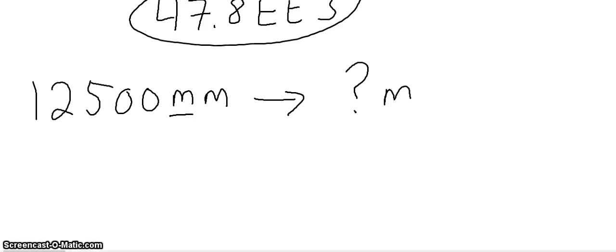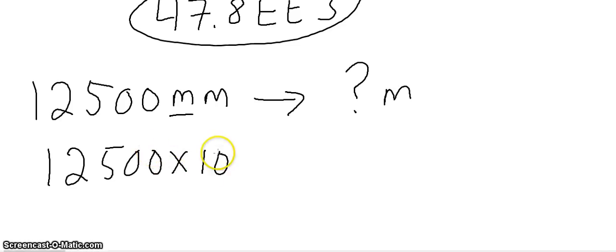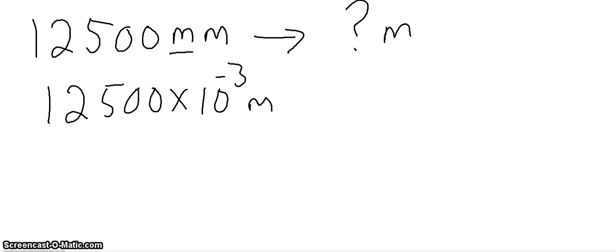So this becomes 12,500 times 10 to the minus third, and of course we still keep the meters. The meters has not changed. That's fine, that's the answer, and that's perfectly okay.